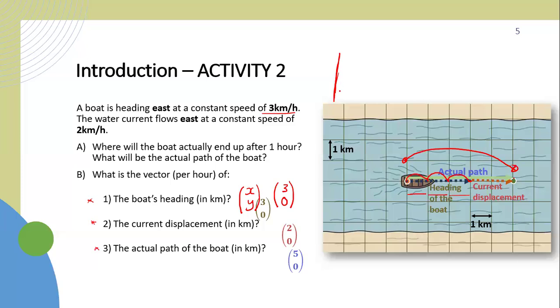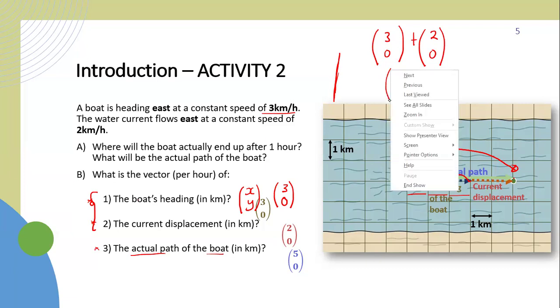The other alternative would have been that, in order to get the actual path of the boat, you combine the two vectors: the boat's heading and the current displacement. So you have 3, 0 for the boat's heading plus the current displacement, which is 2, 0. This is what we call addition of vectors.